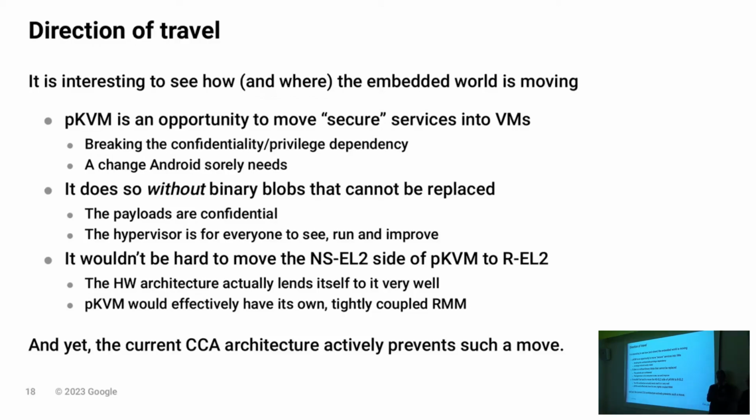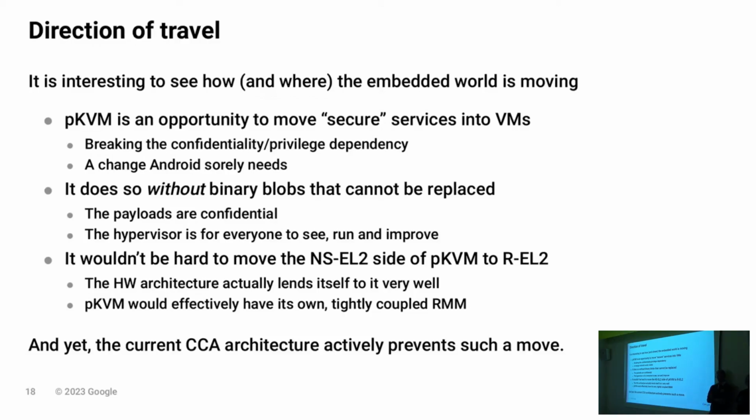If you look at how the architecture works, it wouldn't be hard to take the non-secure EL2 side of PKVM, what people call the lowvisor, and move that as the RMM. The architecture actually lends itself really well to that sort of transformation.